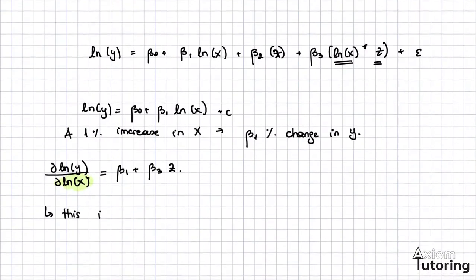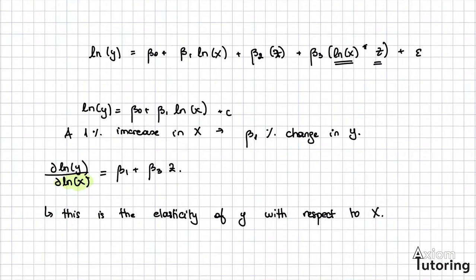So this is the elasticity of y with respect to x. But now it simply depends on z, as we have seen in previous videos, and every individual with a different level of experience has a different elasticity.